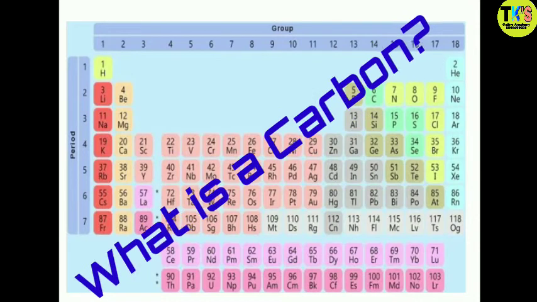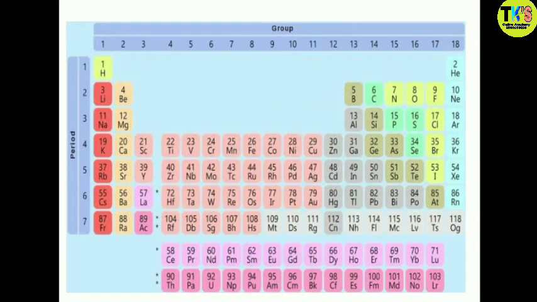Carbon is an element, you can see in this periodic table, which has an atomic number of 6 and belongs to the P block, and which occurs in the 14th group and period number 2 of the periodic table. So the first subtopic which we will discuss today is occurrence of carbon.